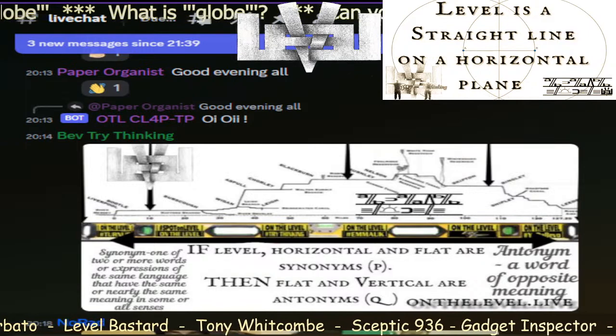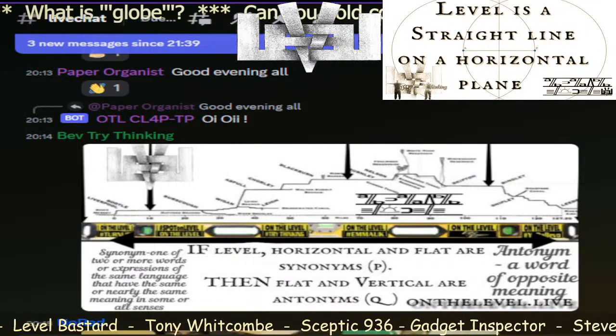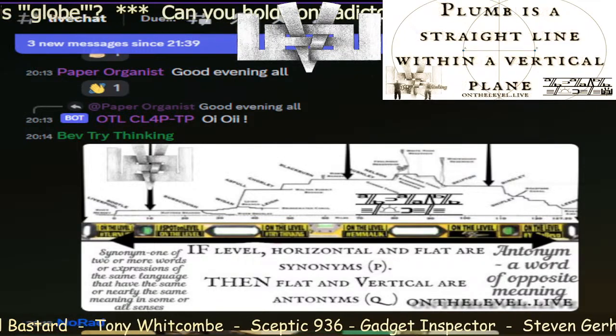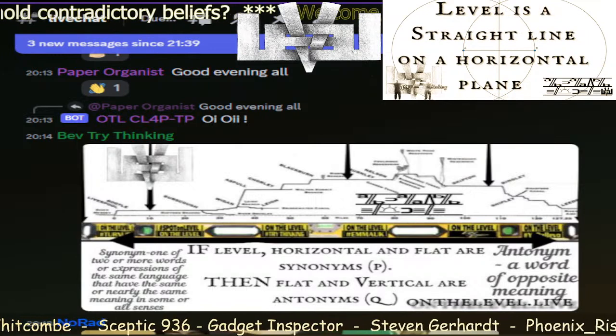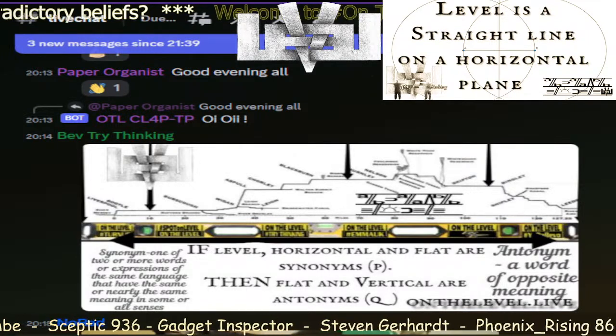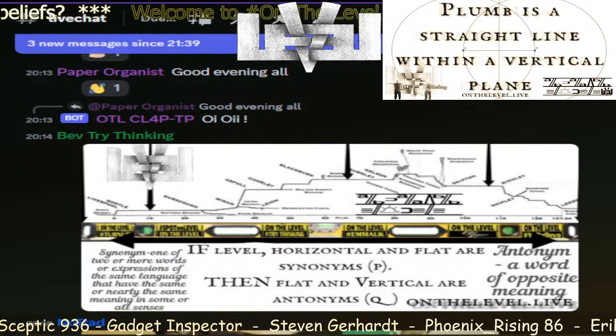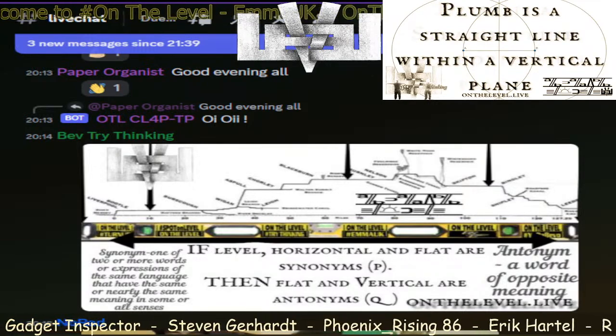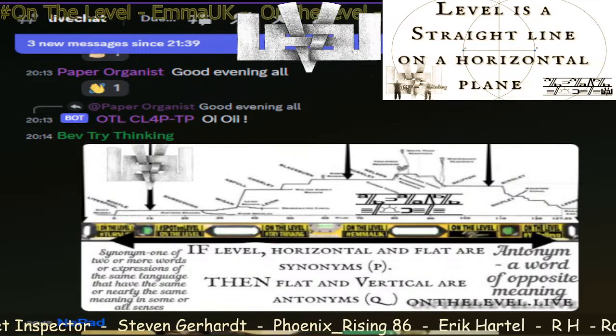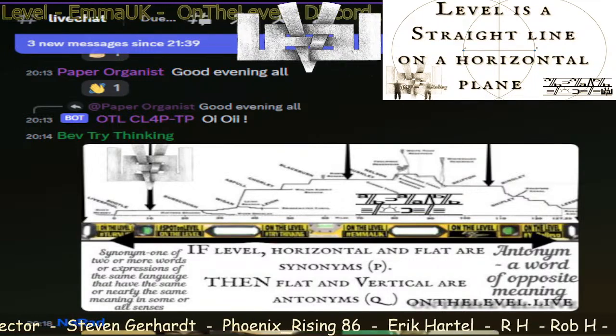Yeah, so the synonym and the antonym can cause a sort of condition called the antinomy, where there is a contradiction between two apparently equally valid principles.